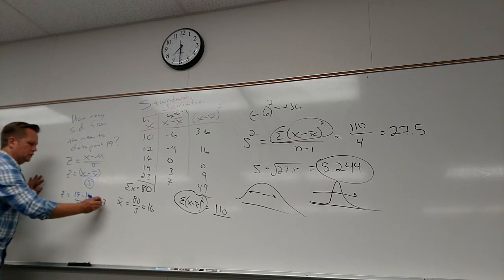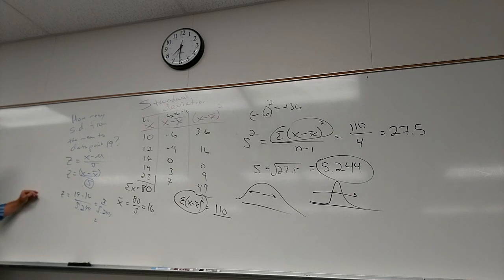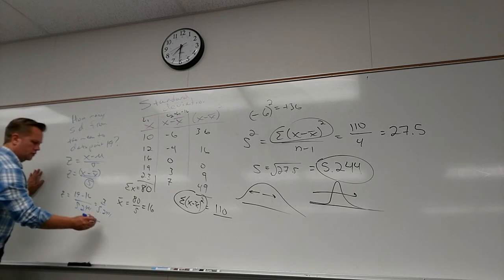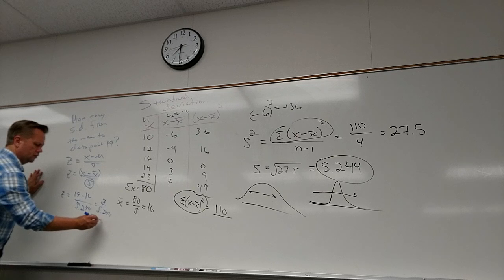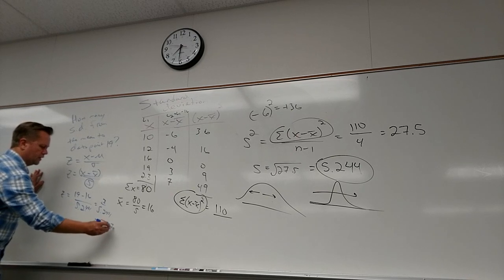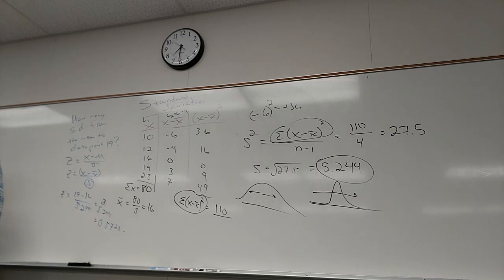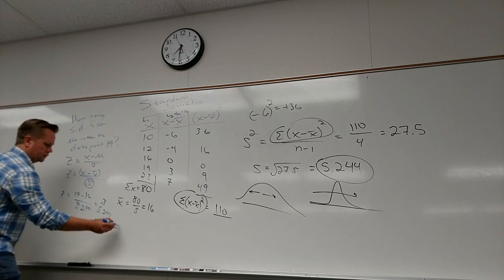So what do you guys get? What's 3 over 5.244? 0.5720. 0.572, blah, blah, blah. So if you took it to 4 places, it'd be 0.5721, is that right?